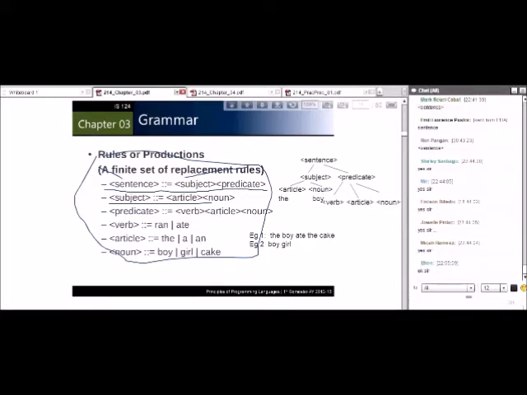I won't put a line anymore, it's hard to draw lines. Okay. You just put the lines there. Well, that is example 1. And we were able to produce a complete parse tree for the sentence, the boy ate the cake.